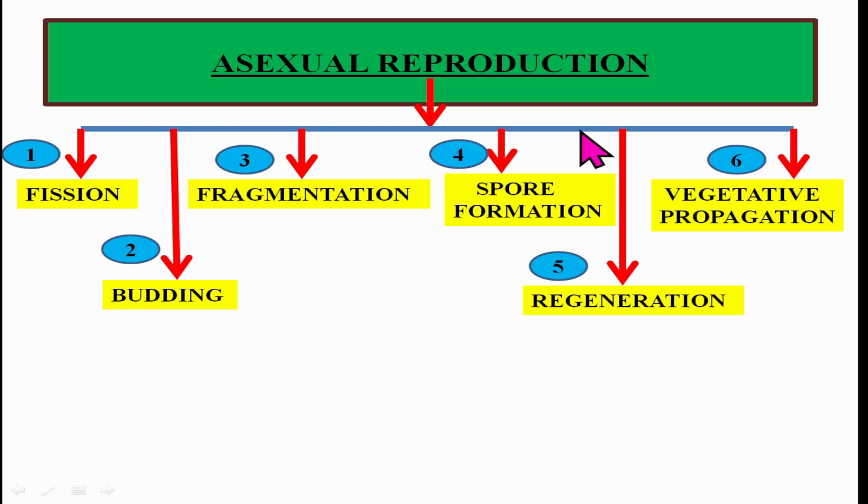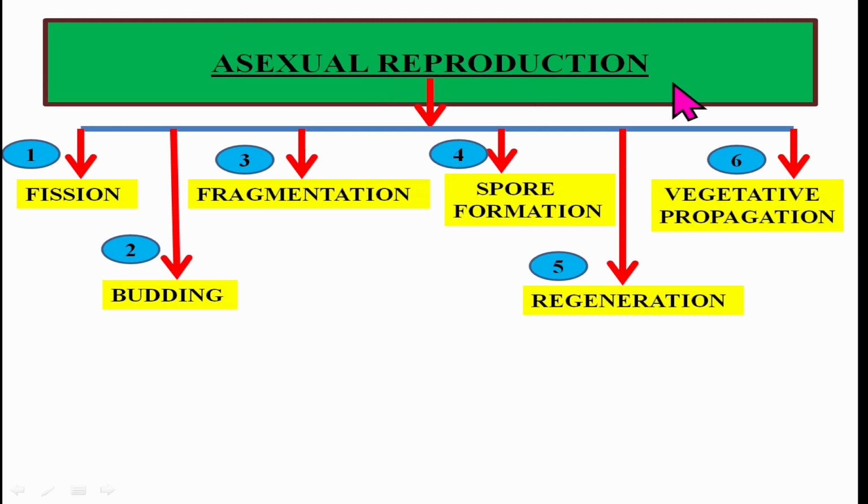So first of all, let me tell you what is asexual reproduction. Whoever have still not visited my previous video, part 1, you can find there asexual reproduction and also sexual reproduction. So asexual reproduction means that type of reproduction where one parent is involved, and here gamete fusion is also absent, fertilization is absent.